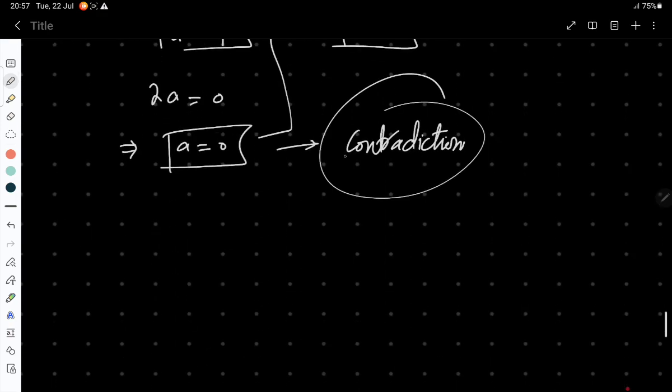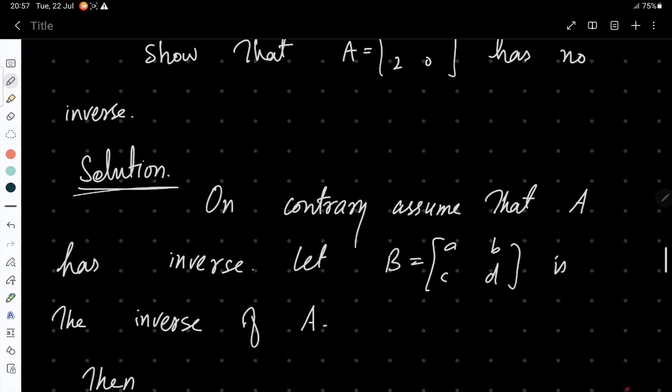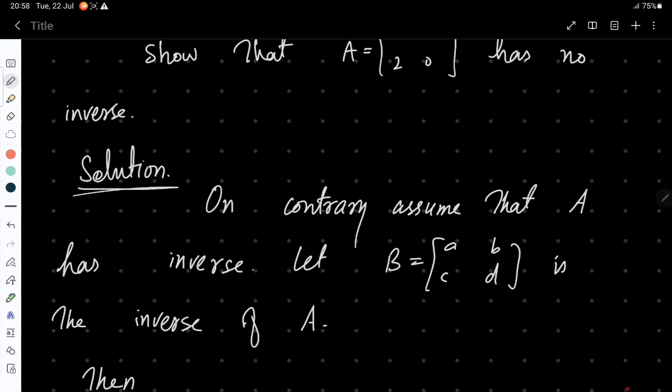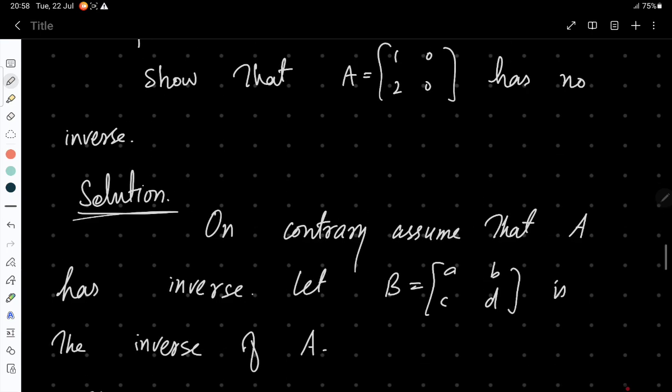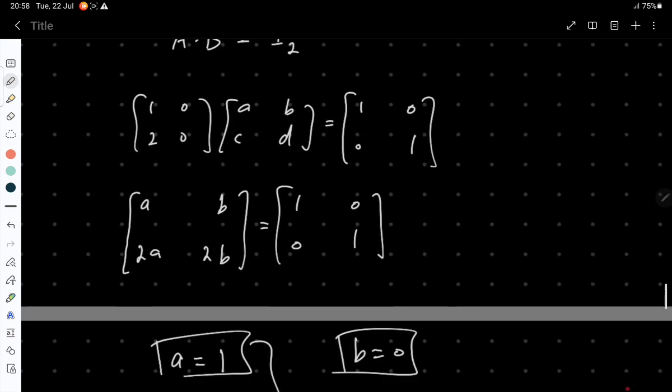So this contradiction tells me that this assumption is wrong. This means the correct statement is that A has no inverse. Hence, I have proved that A has no inverse. And this is done.